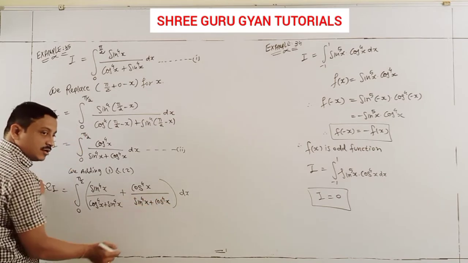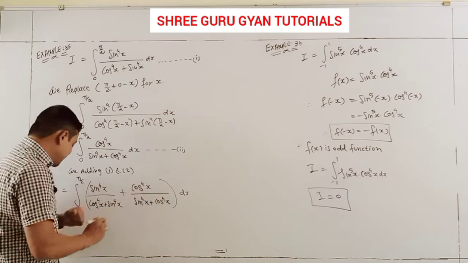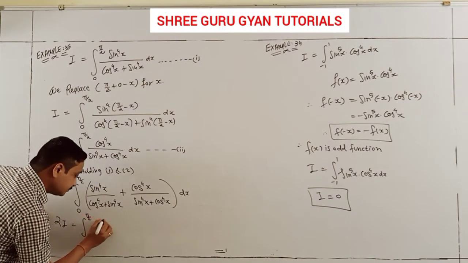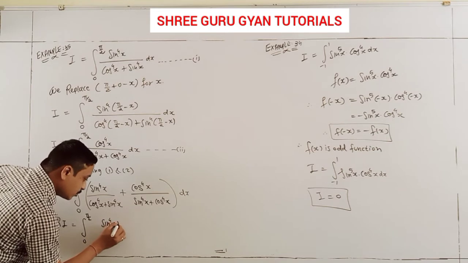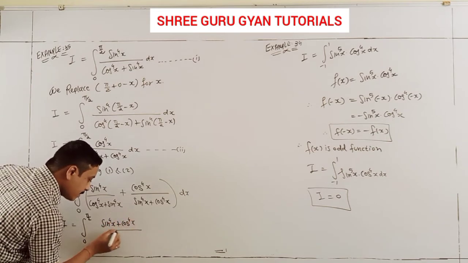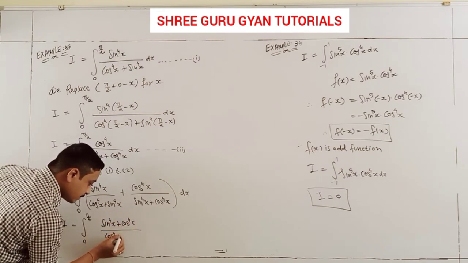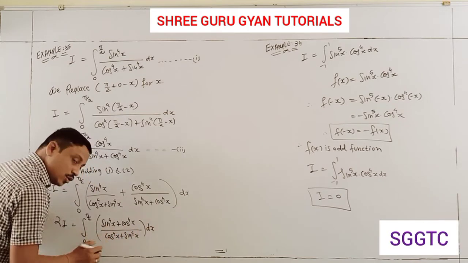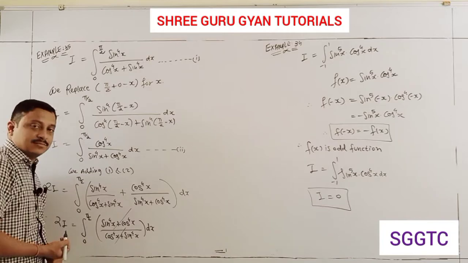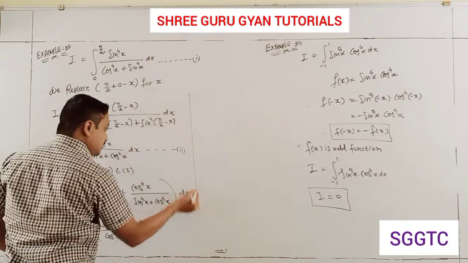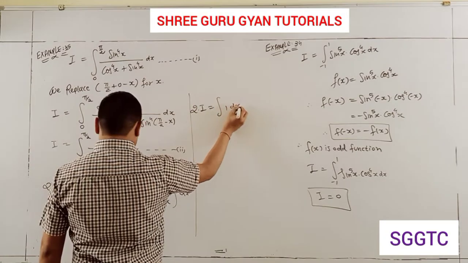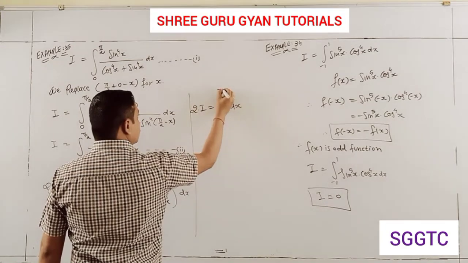You check that the downwards and upwards are the same, so it is indirectly 1. Sin 4 plus cos 4 by cos 4 plus sin 4 dx, so this cancels and we easily get the answer. We have 2I equals integral of 1 dx from 0 to pi by 2.